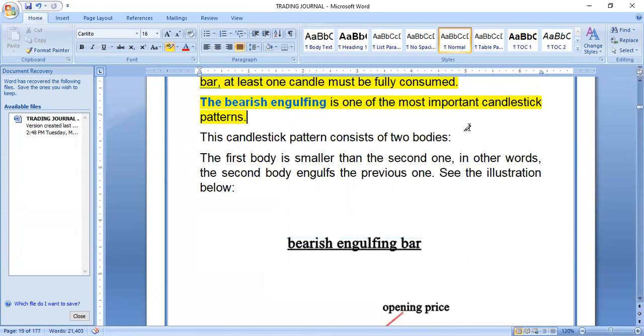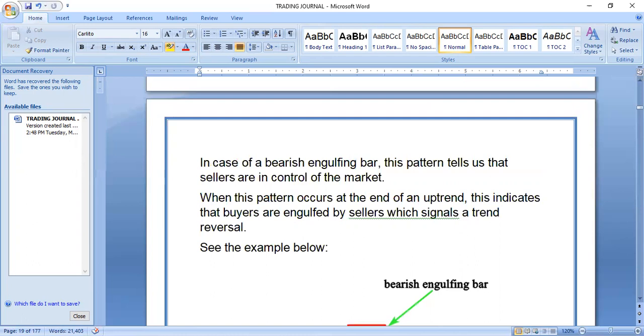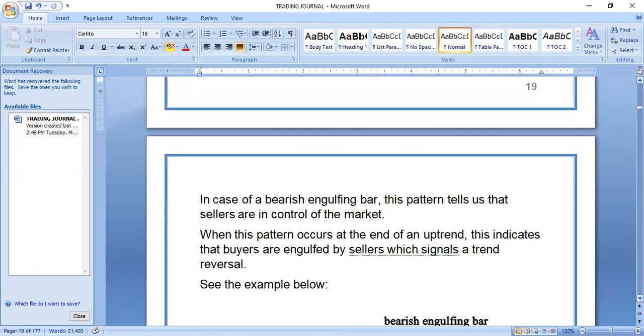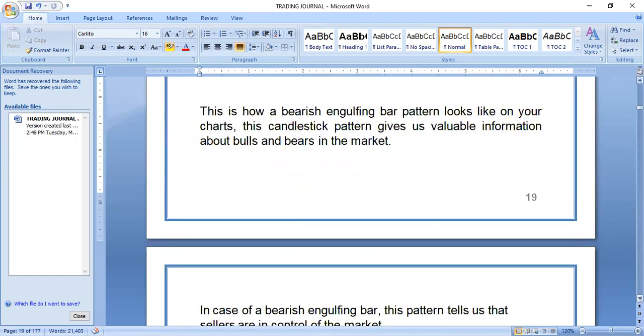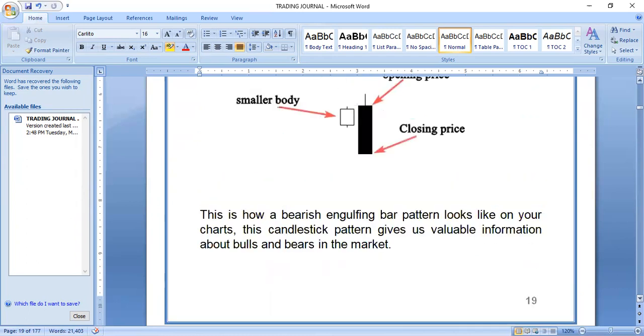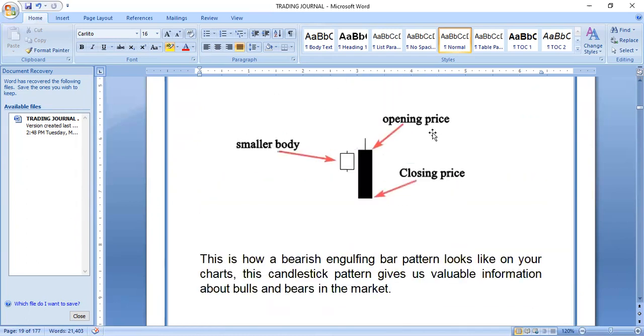The bearish engulfing is one of the most important candlestick patterns. This pattern consists of two bodies. The first body is smaller than the second one. In other words, the second body engulfs the previous one completely, like illustrated here in my illustration. This is an illustration of a bearish engulfing.